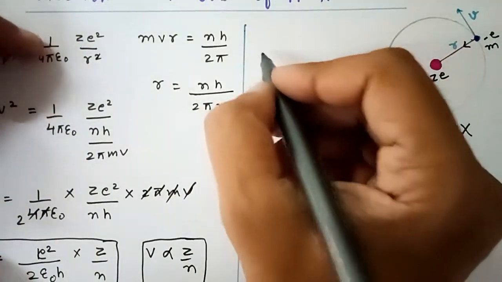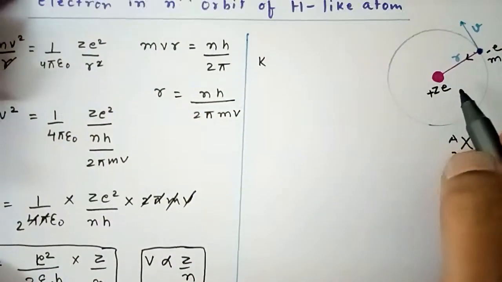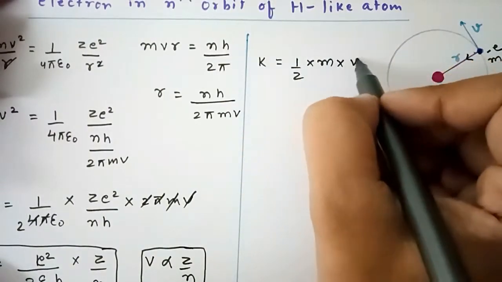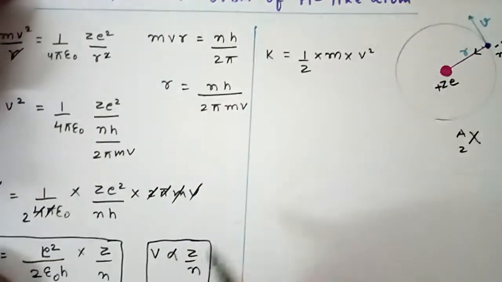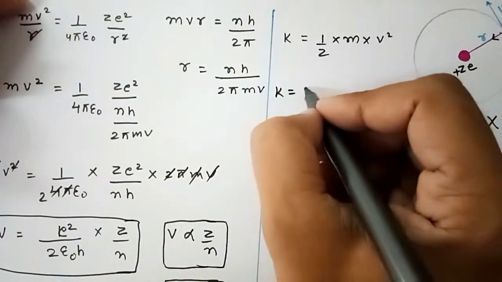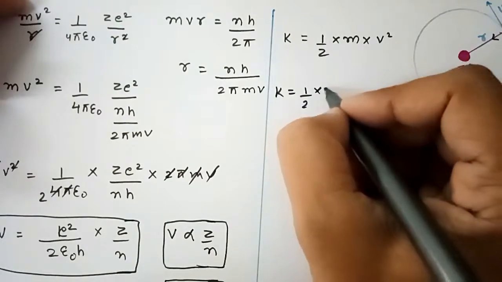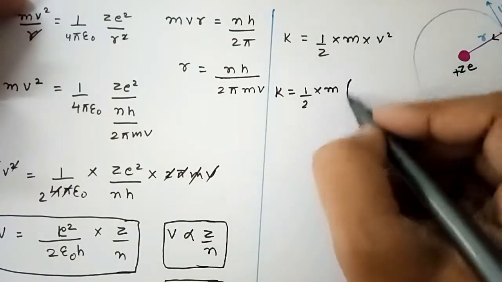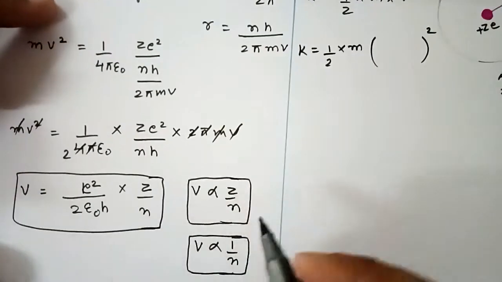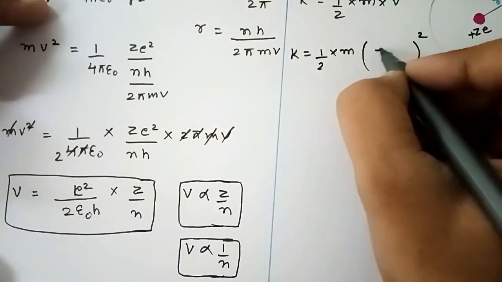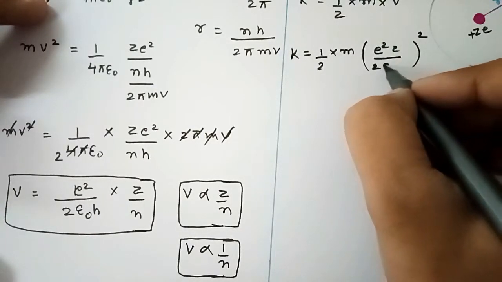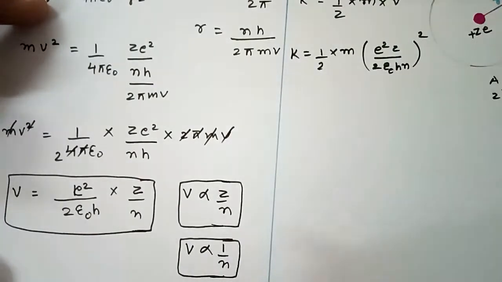The kinetic energy of an electron in the nth orbit is given by half m v square, and we know the formula of v, so we can plug it in. So kinetic energy is half times the mass of the electron times the square of the velocity, which we have derived: e square Z upon 2 epsilon 0 hn.